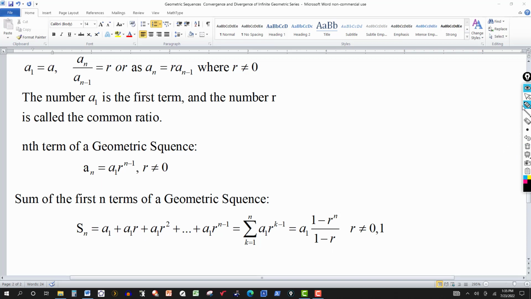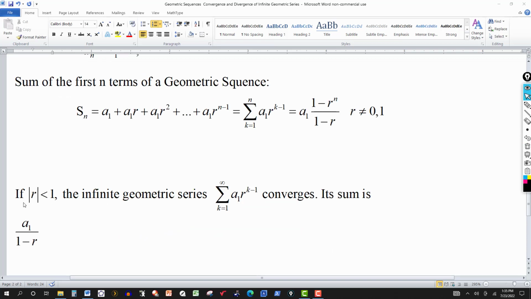So with that in mind, if the absolute value of r is less than 1, that means r has to be between -1 and 1. So it could be 1/2, -1/2, 1/3, -1/3.